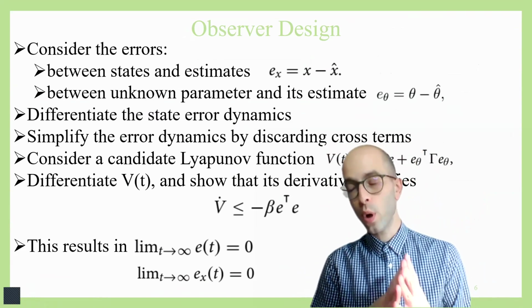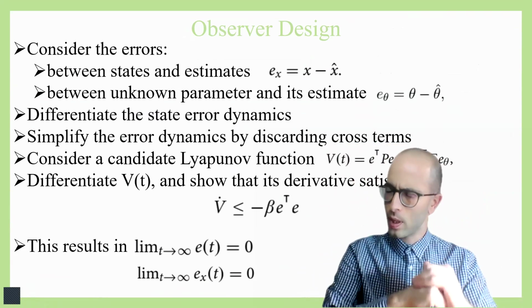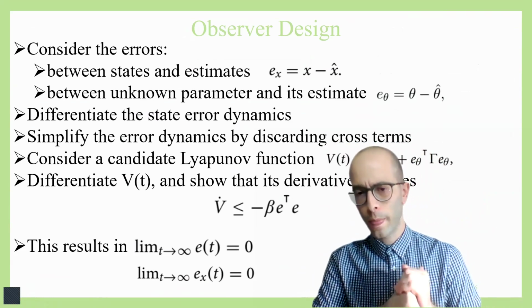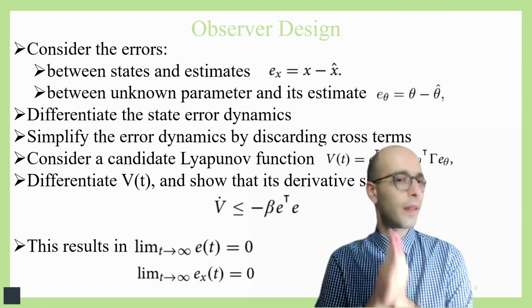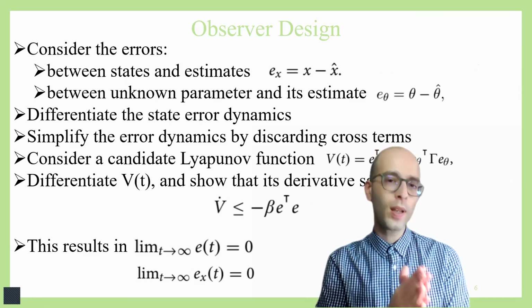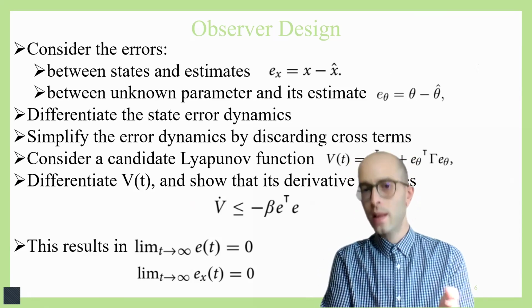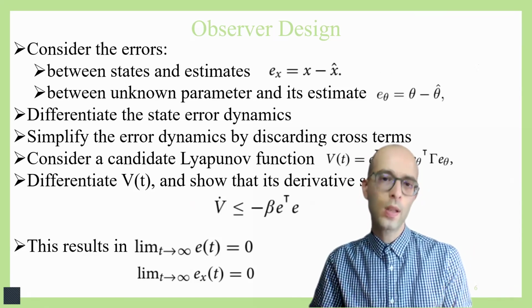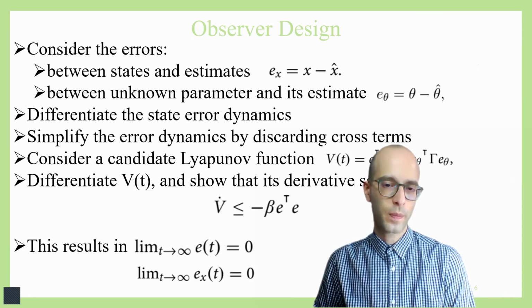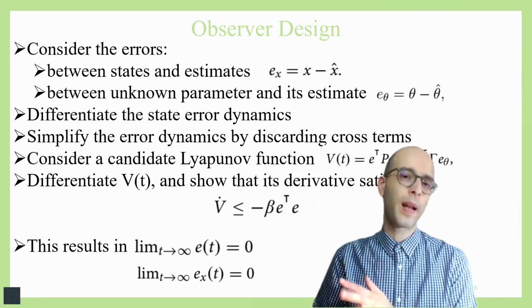If we show that, we know from Lyapunov stability theory, and it requires some additional steps in between, but I'm not going to give you the details, that the error dynamics eventually converge to zero. When the error converges to zero, this tells us that the estimate converges to the actual state of the system. This holds both for the state estimate and for the parameter estimate.